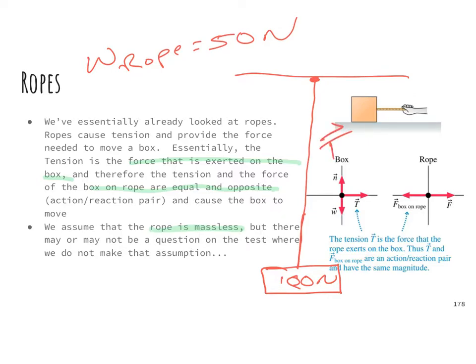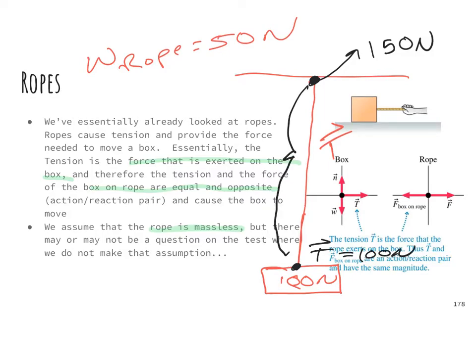And the answer is kind of weird, but right here where it's tied off, at this point, the tension in the rope is 150 newtons. And that might not make sense because you're like, no, it's only holding a 100 Newton mass. But at this point in the rope, it's also supporting the entire weight of the rope. It's hanging down from it, so it's 150 newtons. At this point in the rope, the tension is 100 newtons, and everywhere in between, it's somewhere between 100 and 150.